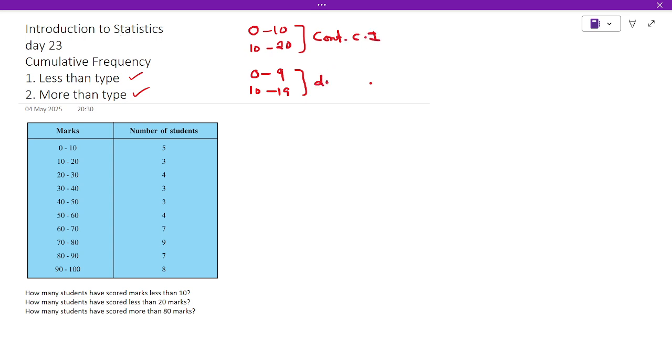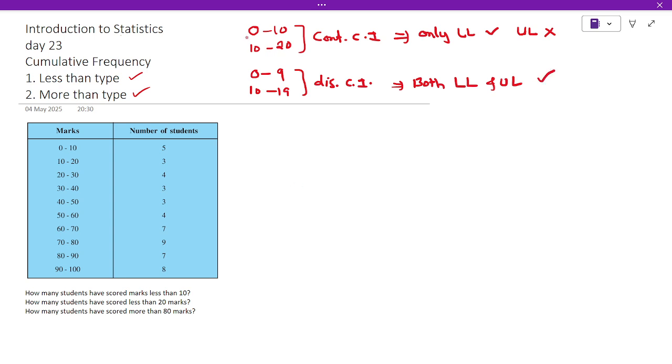When you have continuous class intervals, only the lower limits are included and upper limits are not included. Clear? But when it comes to discrete, both lower limit and upper limit are included.